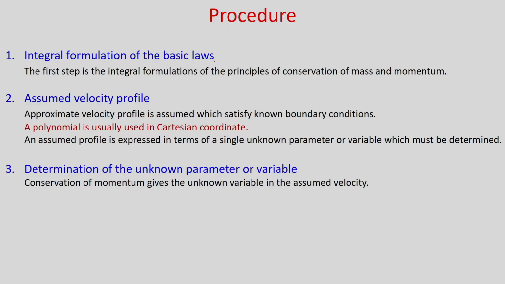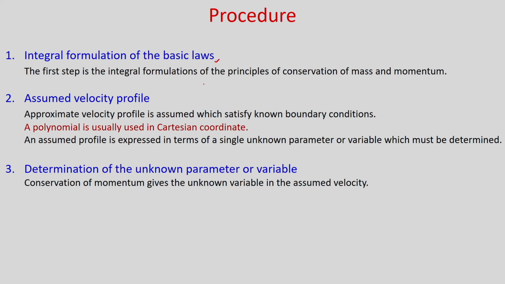In this case, this unknown parameter is boundary layer thickness, and finally you find this unknown parameter invoking the boundary conditions, and you can write the velocity profile now using this known velocity boundary layer thickness. So, these are the three steps we will follow to use this integral method.